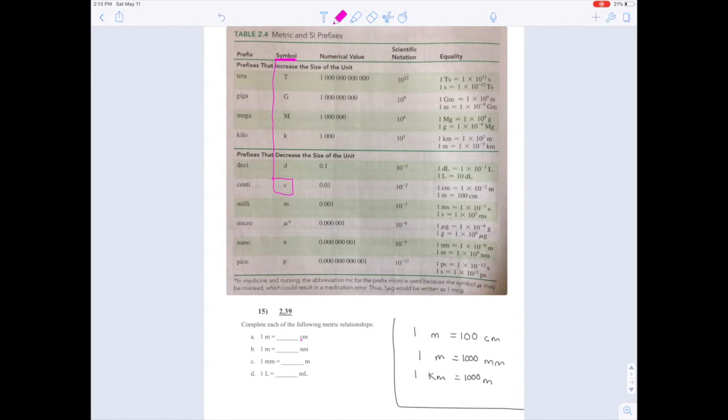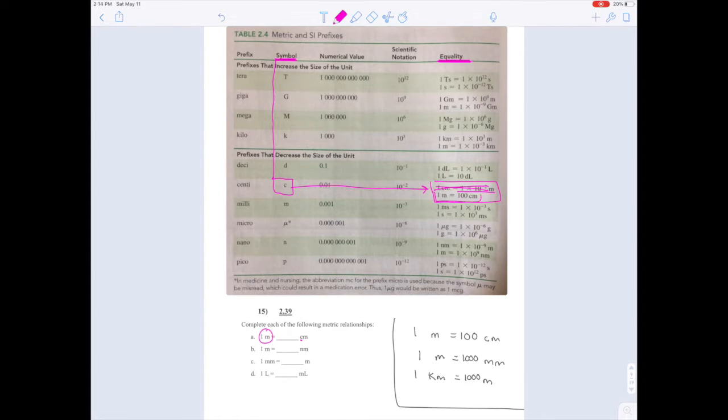Then I would want to go over, and you can see at the far right they have these equalities. I have to choose between these 2 equalities that are given for centimeters. The one that we have has a 1 in front of meters. So which of these 2 equalities has a 1 in front of meters? The one on top has 1 times 10 to the negative second, so it's not going to be that one.